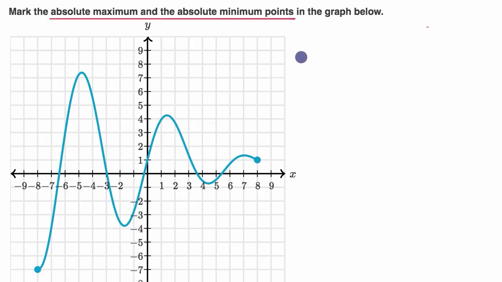So you have an absolute maximum point at, let's say, x is equal to c, if and only if, so I'll write IFF for if and only if, f of c is greater than or equal to f of x for all the x's in the domain of the function.